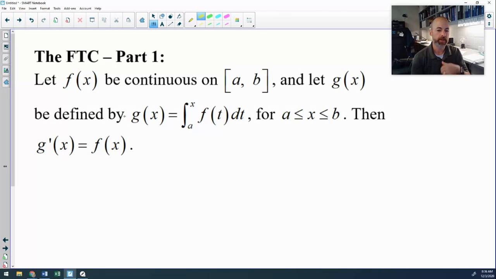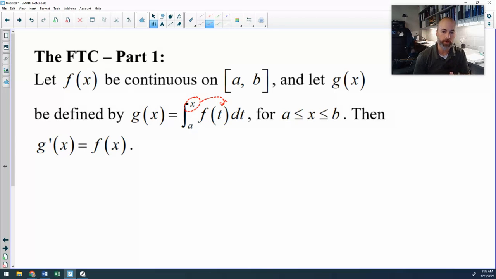If you have an integral defined function, and you want the derivative of that integral defined function, it's really easy. The little process for it is extremely easy. All you do is you take the upper limit of x, and it replaces the t, and you're left with f of x instead of f of t.